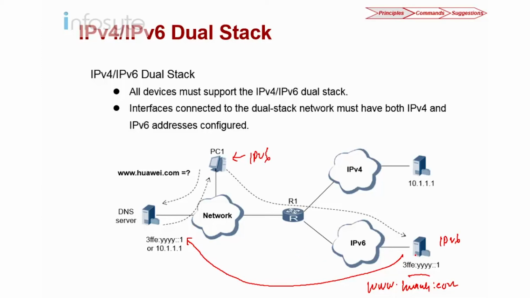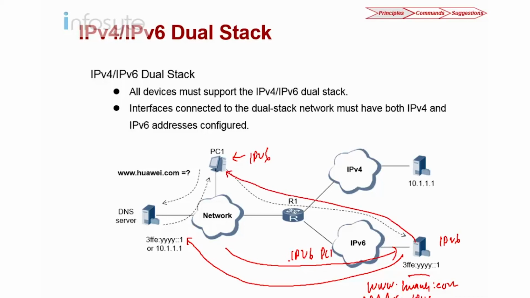So in this case, this client is going to query the quad A record. Quad A refers to the IPv6 DNS query. So a query is made to the DNS server, and the DNS server replies with the IPv6 address of PC1.